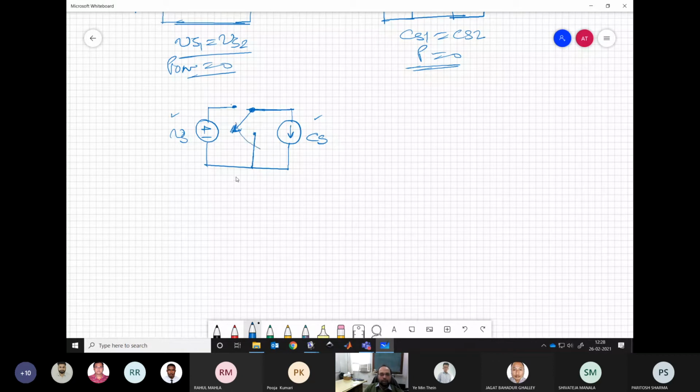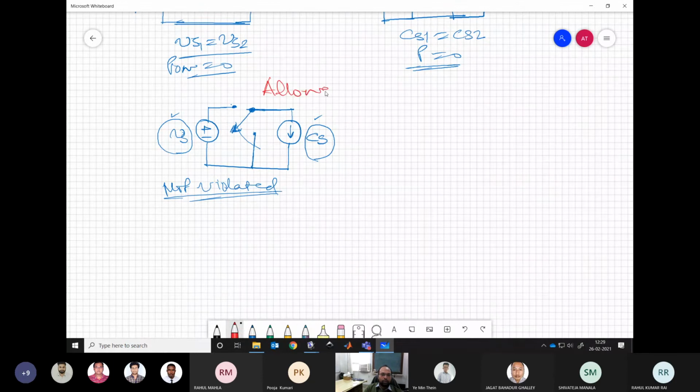Is this allowed? Is there any problem in this? We'll see that none of the criteria for the voltage source or current source is violated, which means this is perfectly allowed. We can connect a voltage source and a current source together. Why? This has the requirement that the current cannot be changed, I, and this has the requirement that the voltage cannot be changed.